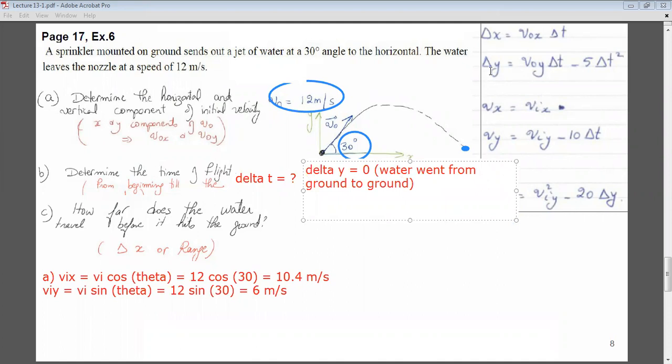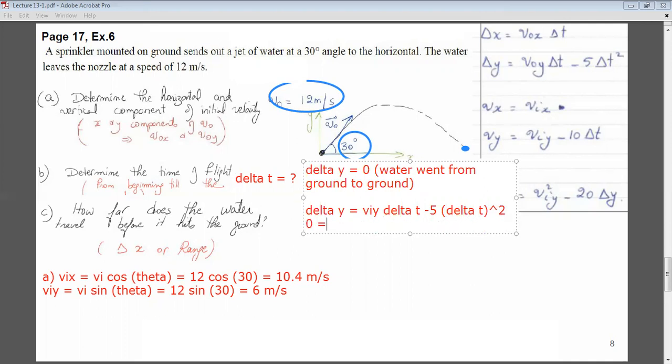Okay, so let's use the equation for delta y because we know how much it is. It's v initial y delta t, this is the second equation, minus 5 delta t squared. So delta y is 0.